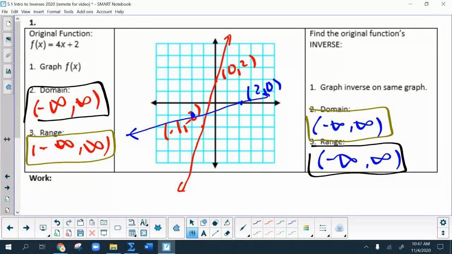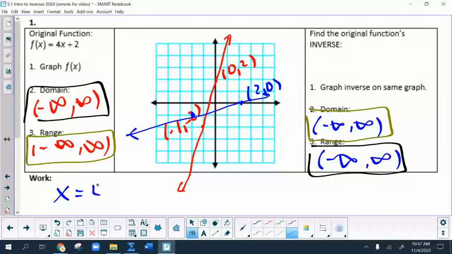Okay, when you go to find the equation of the inverse, you could, now that you've graphed it, just write the equation of the line using the graph itself or the 2 points that are there. But the other thing that you can do is you switch out your x and your y. So remember that f of x means the same as y. So I'm going to make that the x.